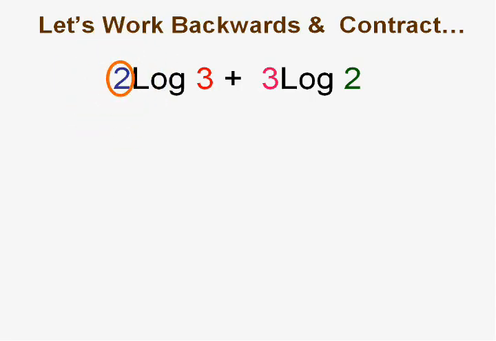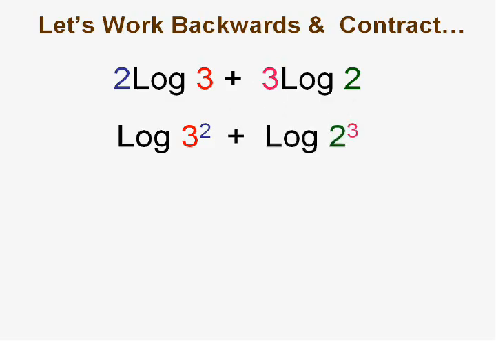Remember, where am I allowed to put that 2 other than in front? Using the same property, I'm going to place this 3. And what becomes, when we're contracting, of addition?